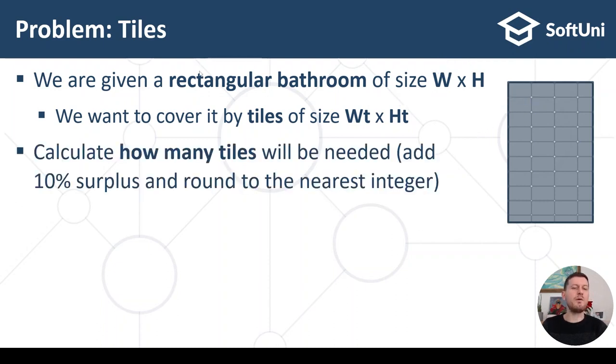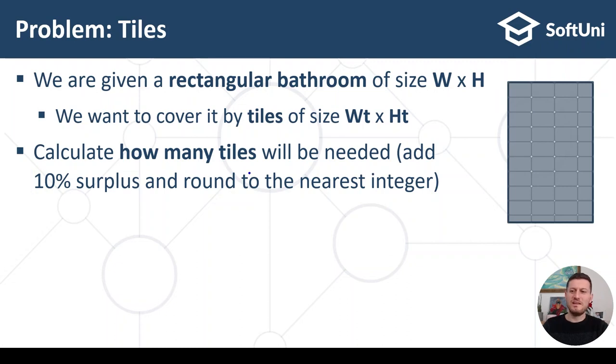Okay, so we want to calculate how many tiles we'll need to do this covering, and we usually add 10% extra tiles as surplus, and we want to round to the nearest integer, because if we go to the store, we want to tell the seller how many tiles we need.